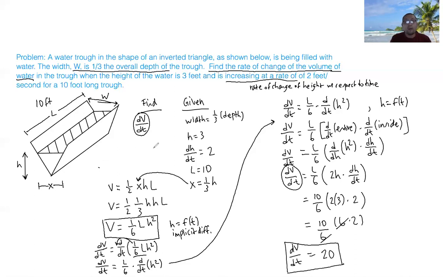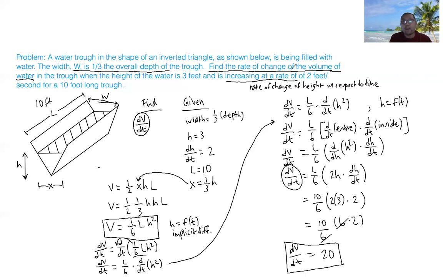So x, right, ended up being the width was 1/3 the depth. The depth here was the same thing as the height of the water column, okay? Because as you add water to this column, the height's going to get larger, meaning the depth is going to get larger.